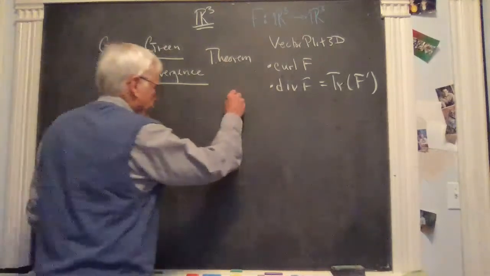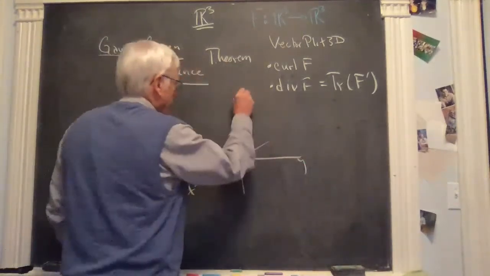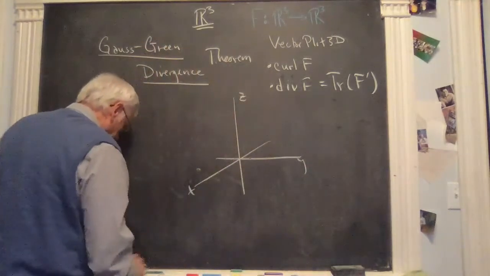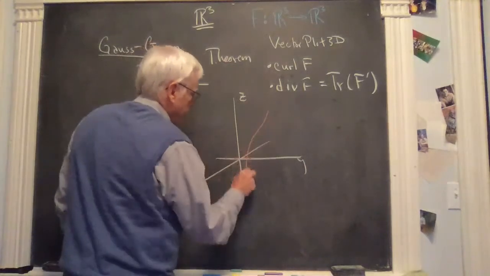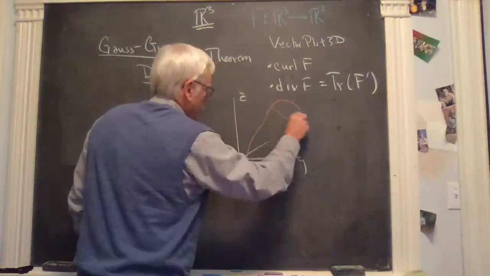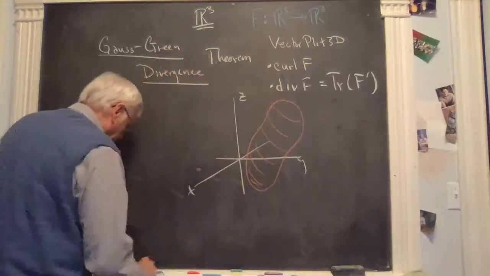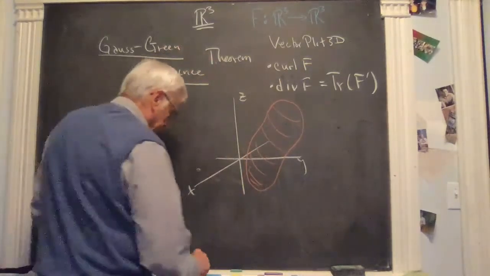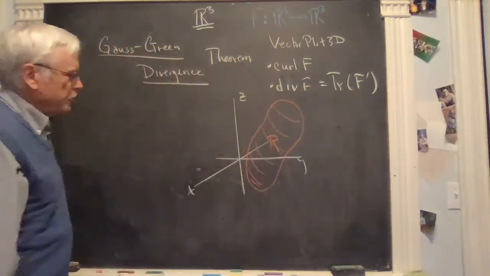What is the setup here? Again, this is in three dimensions. And now we take a region, and I am drawing the boundary of this peanut-shaped region. But we are also interested in the inside of it. So I will call the inside region R. This is a simple region.